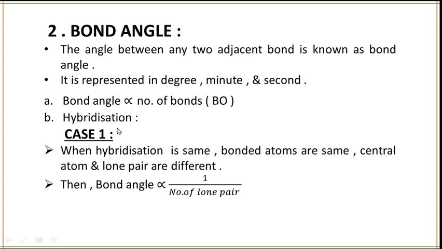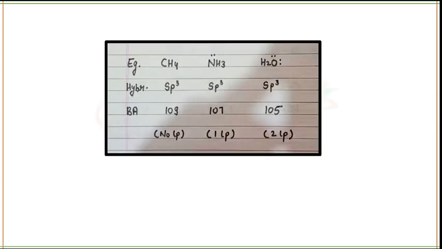Second is hybridization. In particular hybridization, two cases are possible. Case 1, when hybridization is the same, bonded atoms are the same, and the central atom and lone pairs are different. In that case, bond angle is inversely proportional to the lone pairs.